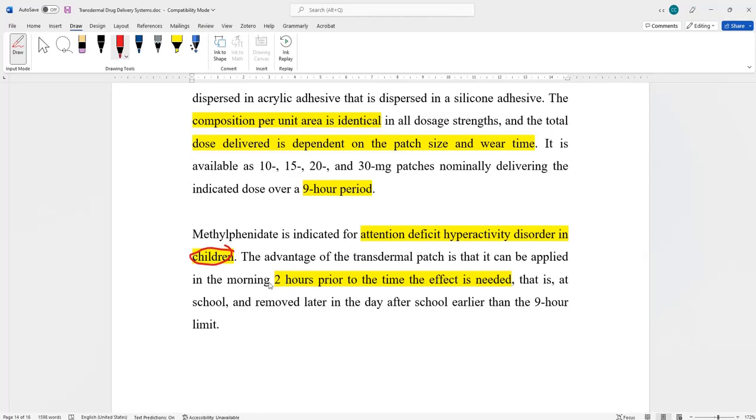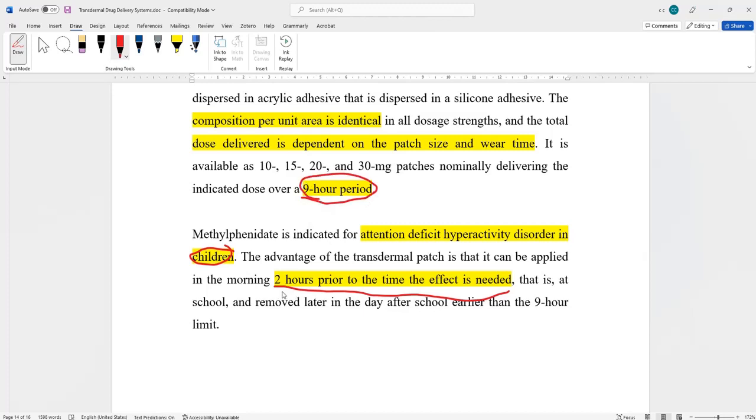Because it will start working 2 hours after it is applied. Meaning after applying the transdermal patch, after 2 hours of applying it to the children, it will start working. And we apply it over a 9-hour period.